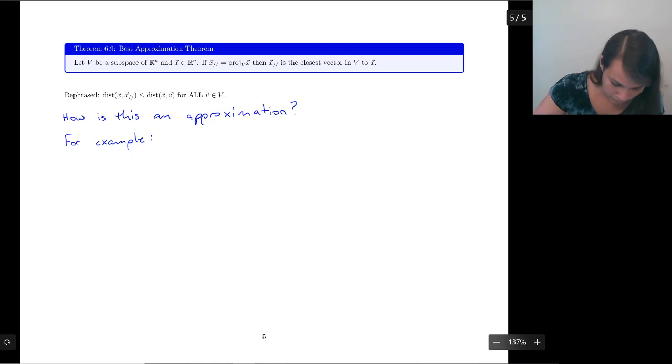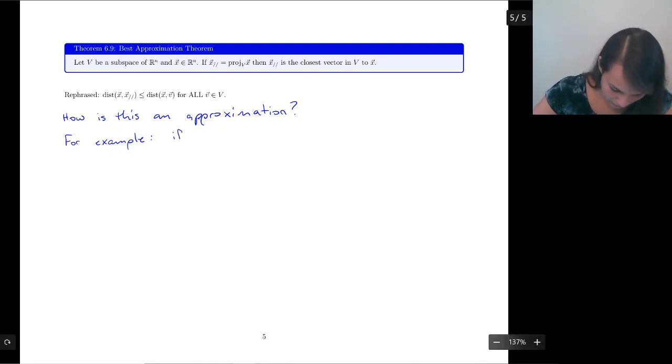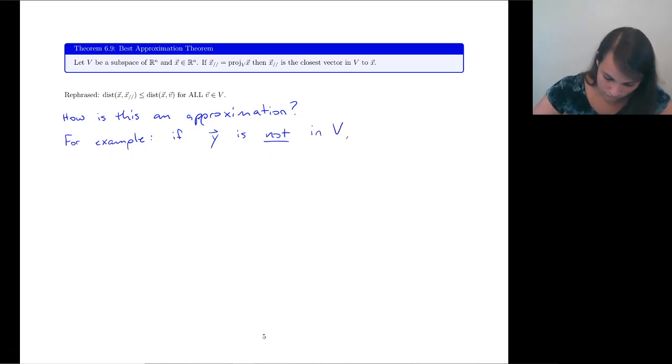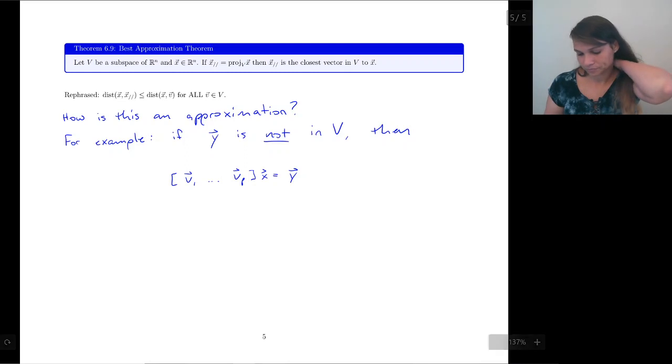So for example, I'm going to switch variables, if y is not a vector in our subspace V, then this equation, so we'll use the basis of V to make a matrix, like that.